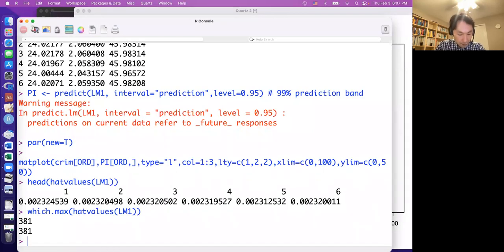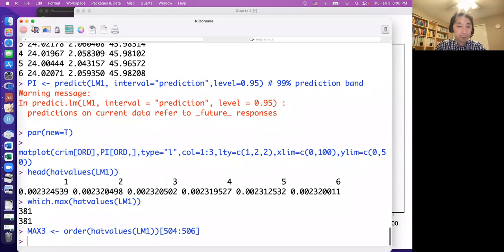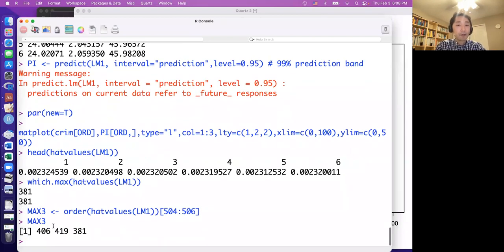Or if you want to see the three largest hat values, then we can take the hat values of lm1 and the order, then the last 3. Then we can see this.